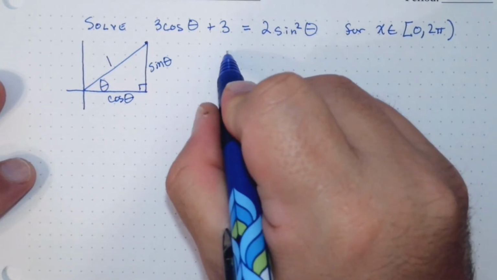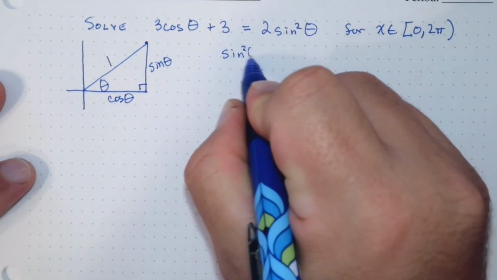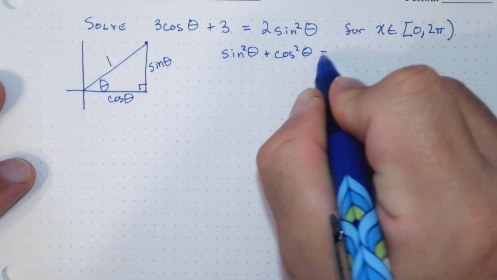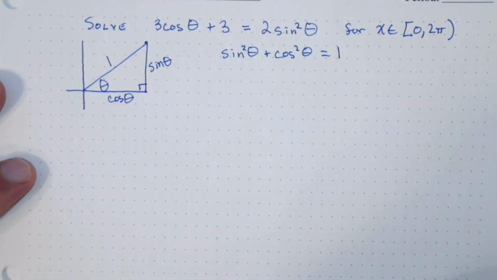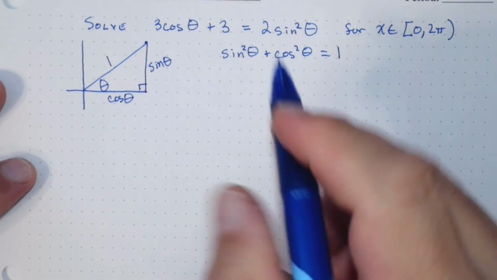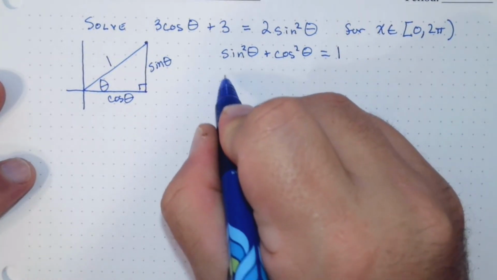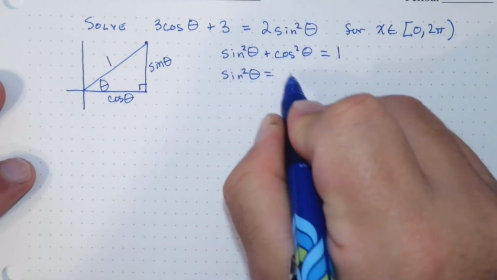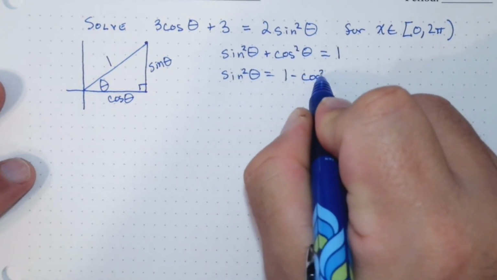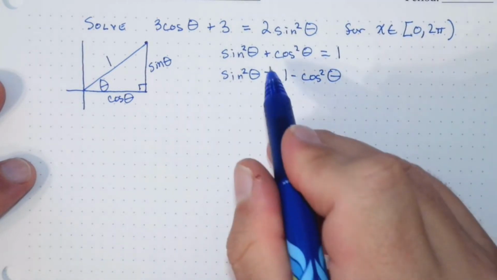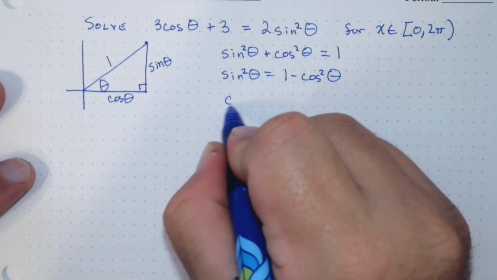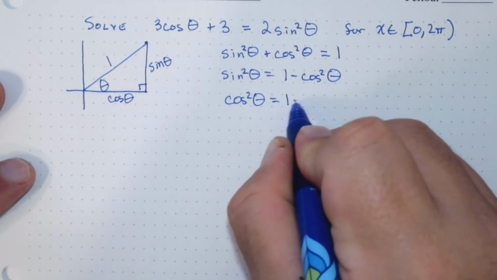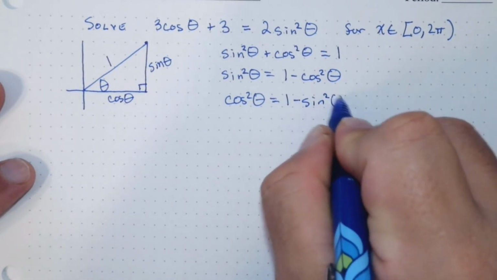Using the Pythagorean theorem, I know that sine squared of theta plus cosine squared of theta is equal to 1. Manipulating this equation, I have that the sine squared of theta is equal to 1 minus the cosine squared of theta. Or I have that the cosine squared of theta is equal to 1 minus the sine squared of theta.